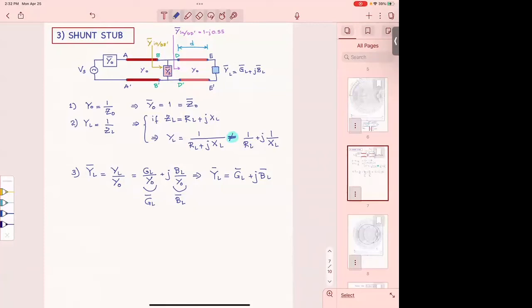But admittances are normalized with respect to characteristic admittance. Impedance is normalized with respect to the characteristic impedance.